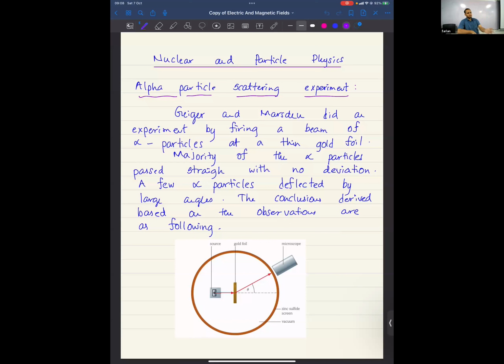The observations were that most of the alpha particles just went through the gold sheet without any deviation.